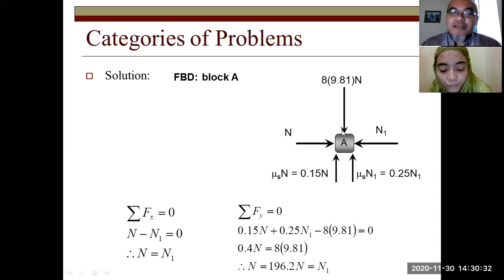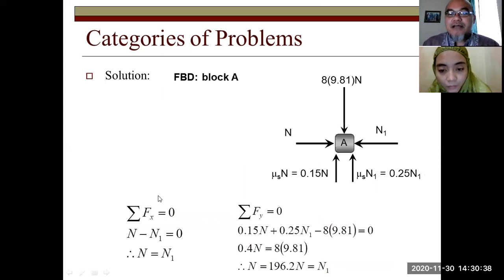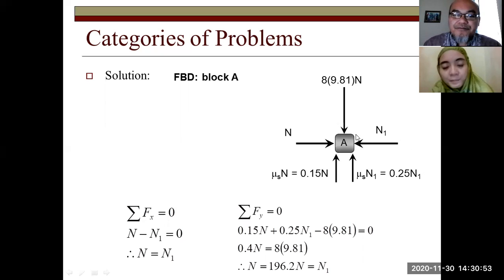Then the friction, there are two frictions. First is the friction between A and the wall here, which is 0.15 times N, directed upward. And the friction between member BCD and this block A, which is mu s, 0.25, times N1.